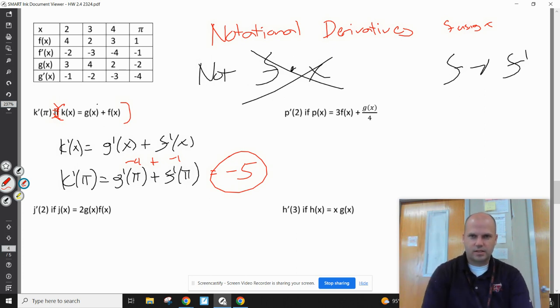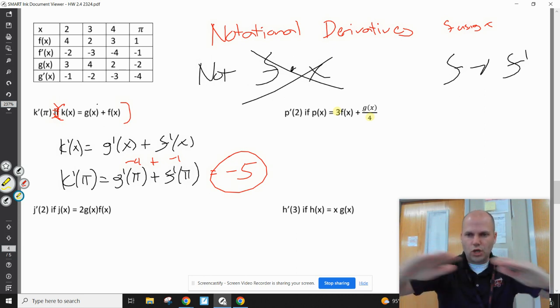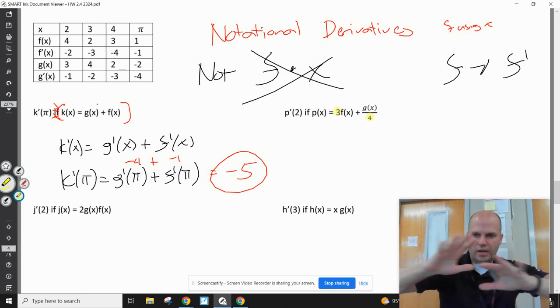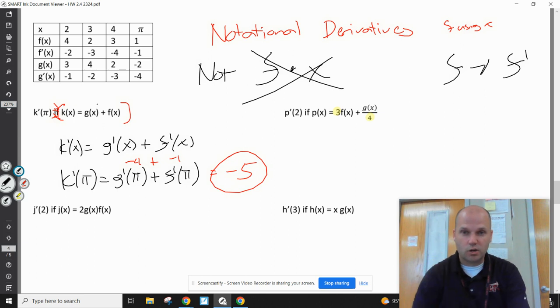F using X's. Just like we talked about before, if you have a number times a function, if you have something divided by a number, you don't have to use the product or the quotient rule. Don't. You could, but it's not necessary and you're probably making mistakes.